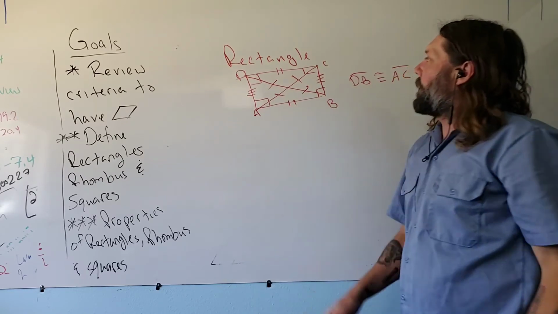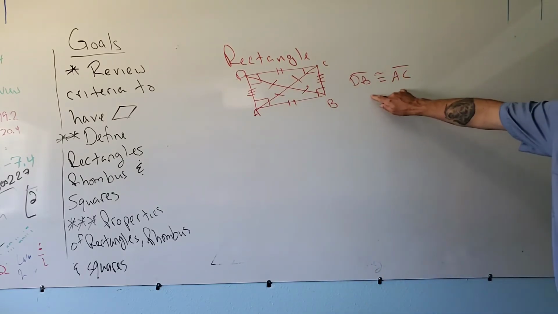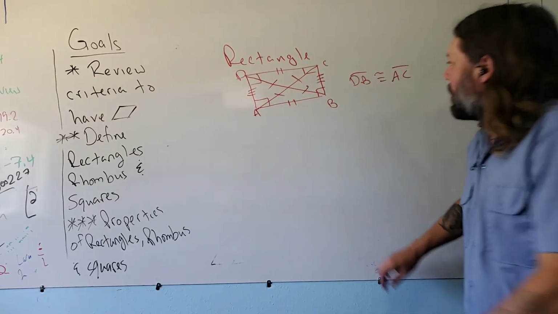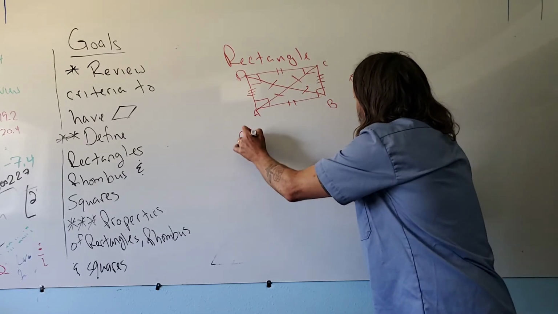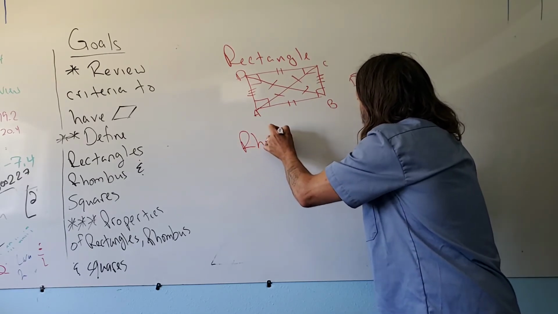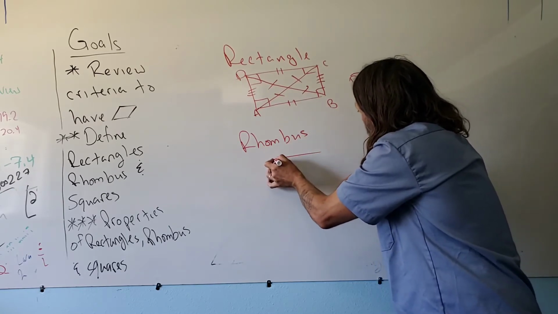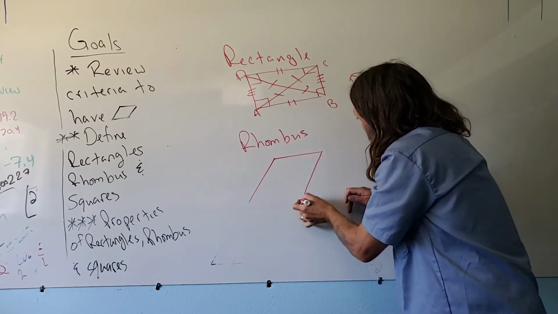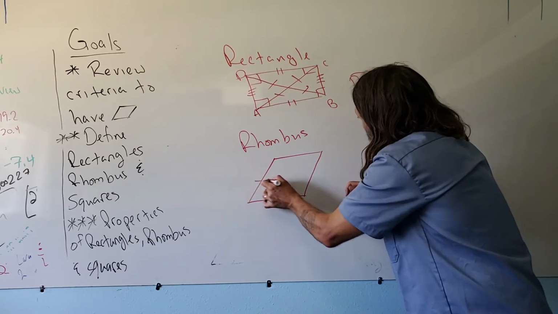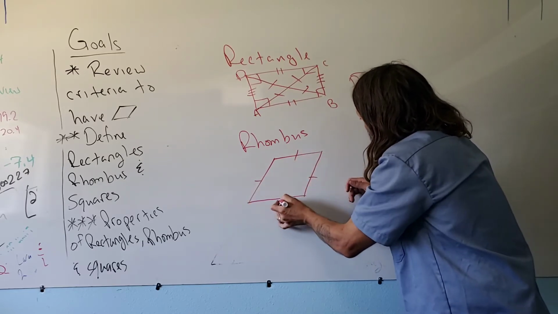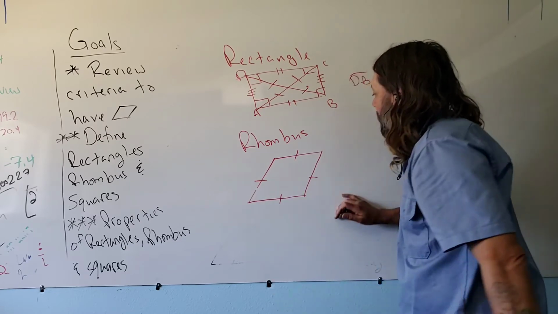Right. So a rectangle does all that, but this is what's unique to today's lesson. A rhombus. Remember, a rhombus has equal sides. Oh, I'm sorry, all sides are equal.